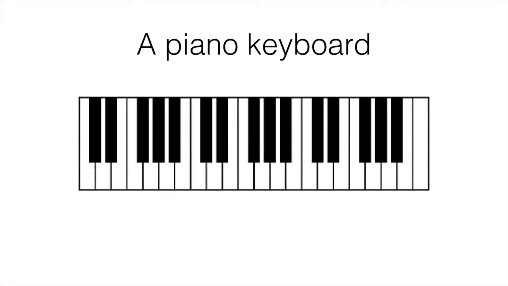So if we go back to the piano keyboard and remind ourselves of the notes, remember C is always to the left of these two black notes. Then we have D, E, F, G, A, B, and C again. And then D, and so on. Then it repeats. It turns out that the sharp is the note that is right of any white note. So for example, this black note that is straight to the right of C is called C sharp.